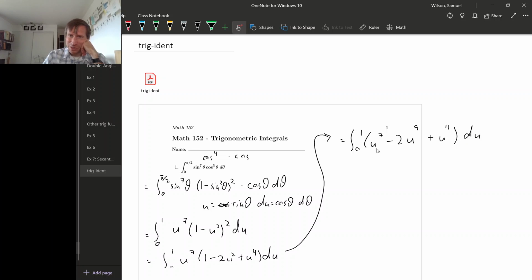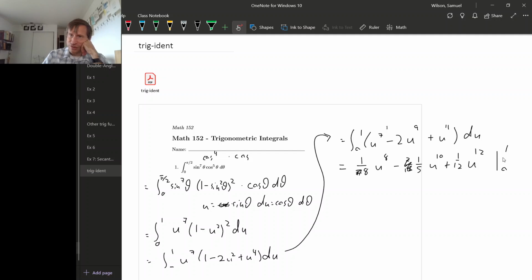All right, so big powers, but we're still in polynomial land, so we can integrate: 1 over 8 u to the 8th minus 2 over 10, so a 5th, u to the 10th plus 1 over 12 u to the 12th.